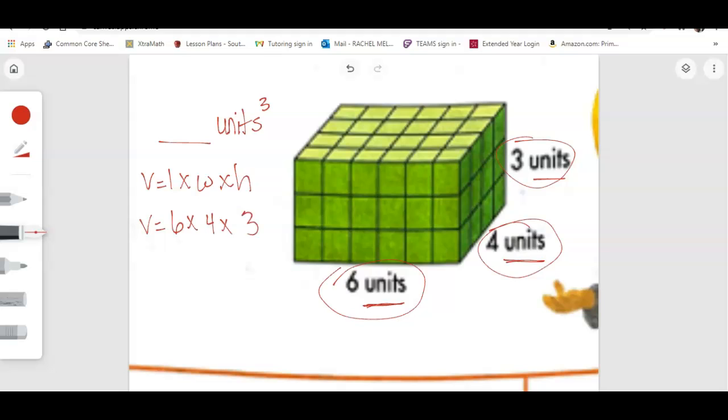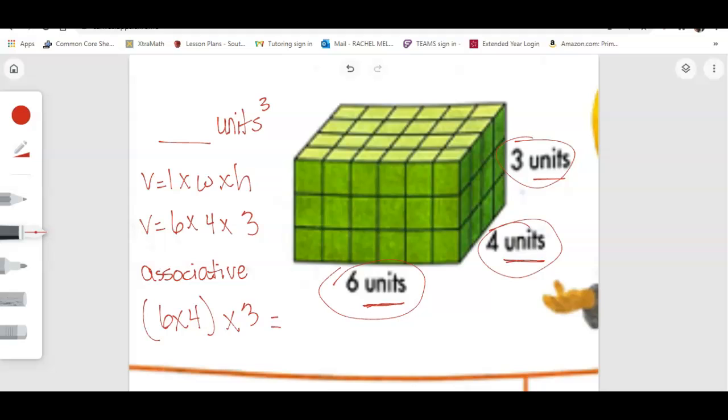Now, it is totally okay if you want to multiply these in a different way. What I mean by that is, remember we have what's called the associative property of multiplication. What that means is I can do 6 times 4 first, and then multiply times 3.